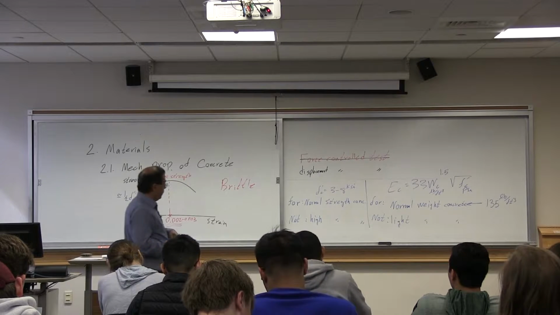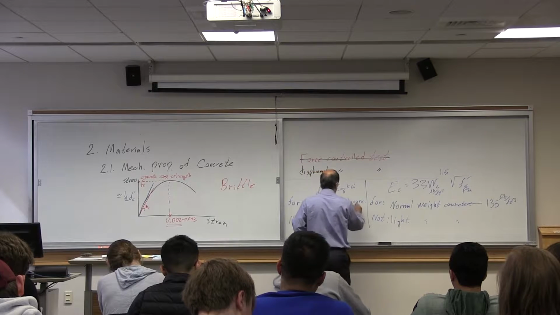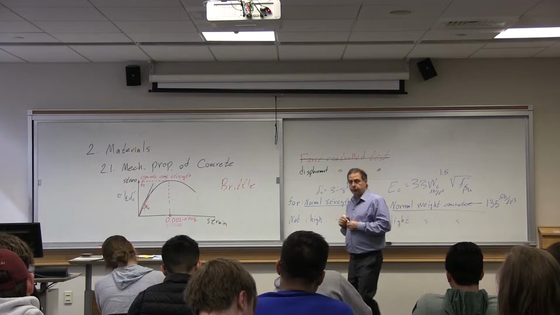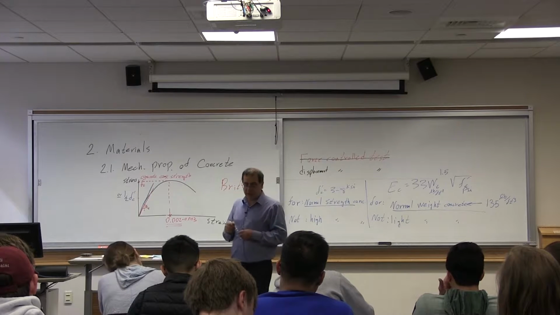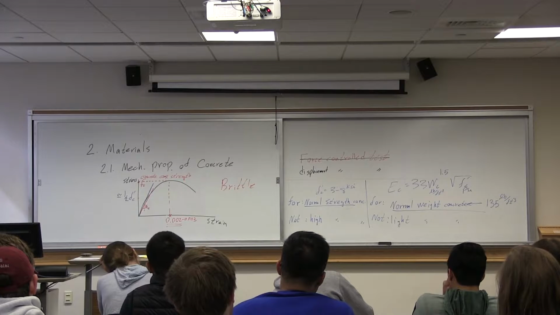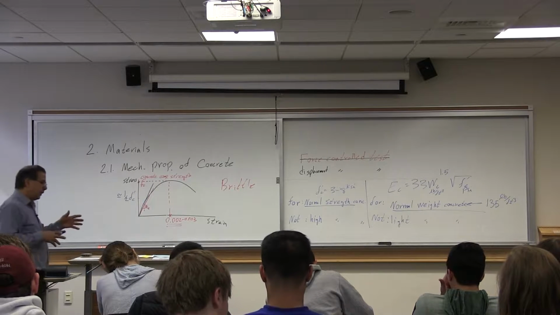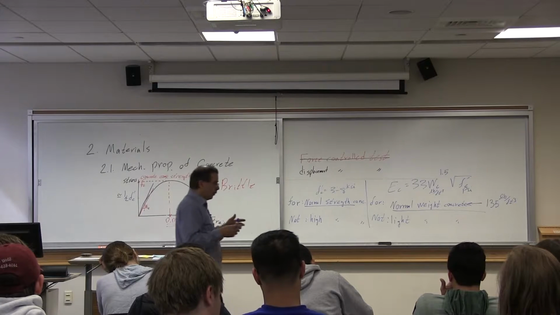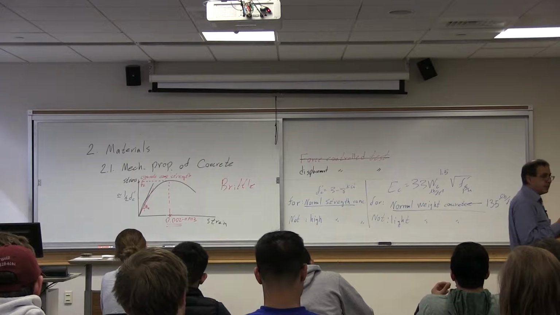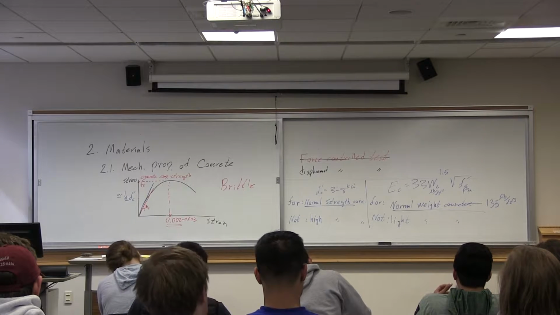In this course, we work on normal strength concrete and normal weight concrete, which in many cases are what we use. In few cases, we might use lightweight concrete. Lightweight concrete several decades ago was starting to pick up, but for different reasons, it didn't really work out and people didn't use much.